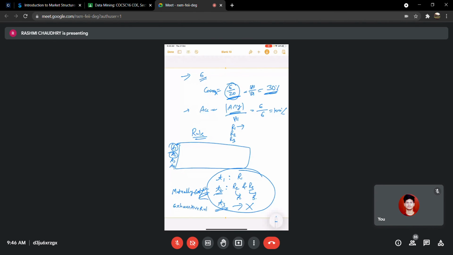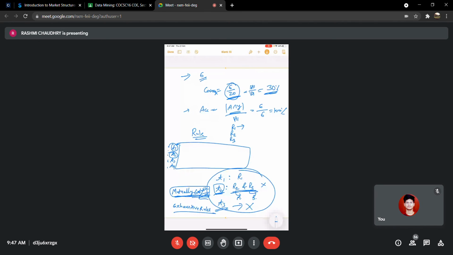Mutually exclusive means no two rules are triggered by the same record. Like here, T2 triggered both R2 and R3, so such a condition should not exist. Each and every record is mutually exclusive in terms of rules. All rules are different. That is called mutually exclusive rules.